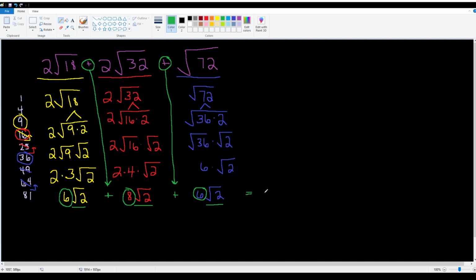So this is actually going to become 6 plus 8 plus 6, and that's 8. It's a little bad. Still working with the mouse here. I should be getting a stylus soon. Radical 2. And 6 plus 8 plus 6 will give me 20 radical 2. So my final answer here would be 20 radical 2.